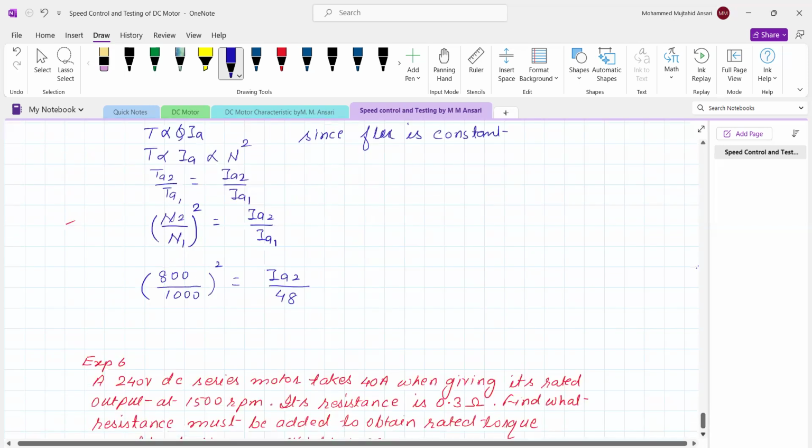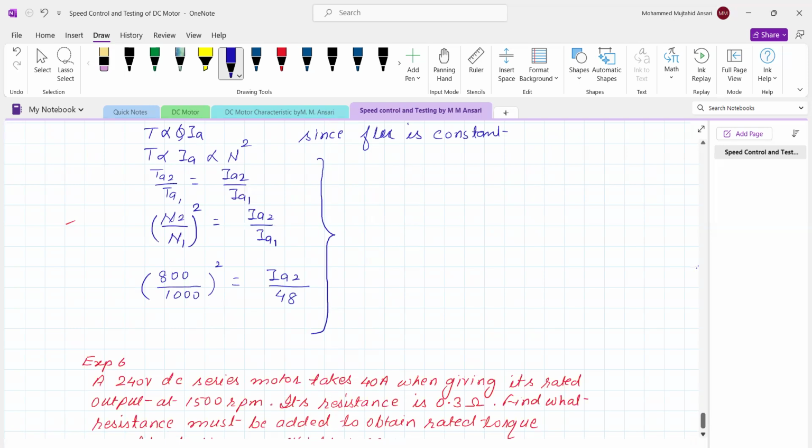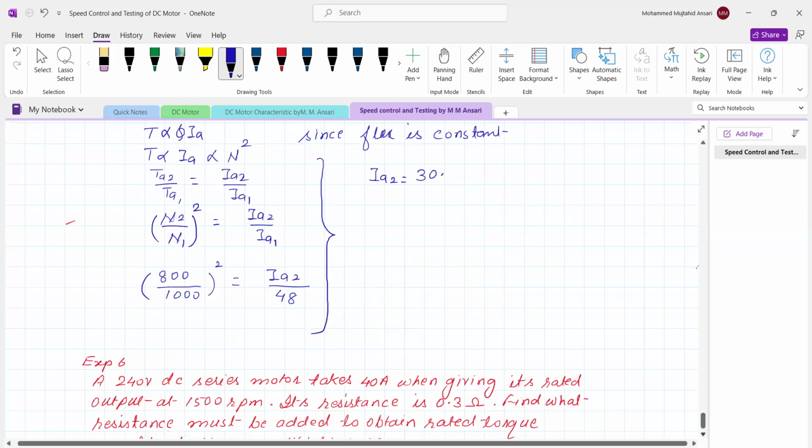From this one we can calculate IA2, which is equal to 30.72 ampere. Now once we know the values of IA1 and IA2, we can calculate back EMF.